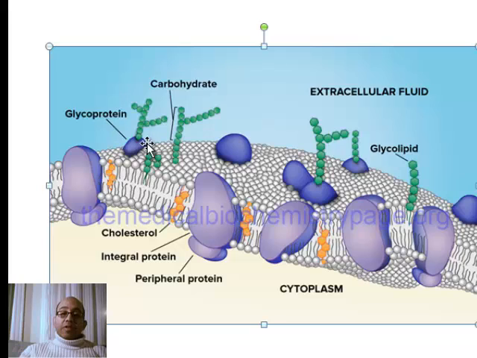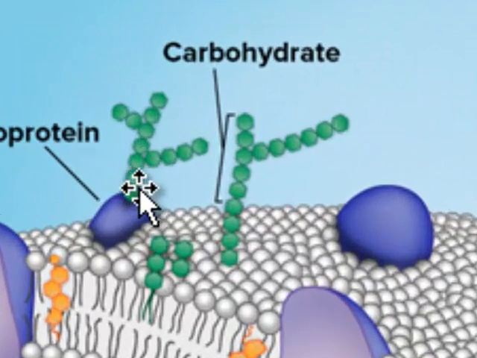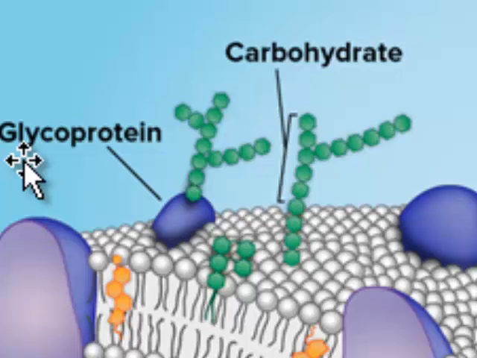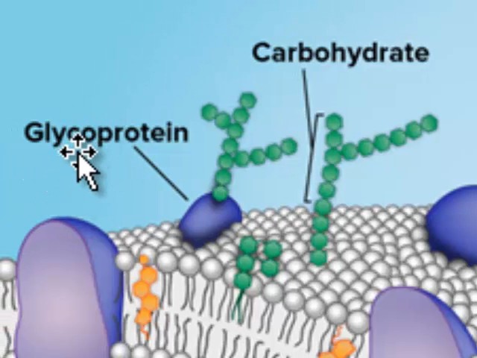You also have some carbohydrates that are attached directly to proteins, and these are called glycoproteins. These little hexagons are carbohydrates, the monosaccharides, and they're linked together as polysaccharides. The prefix glyco refers to carbohydrates.